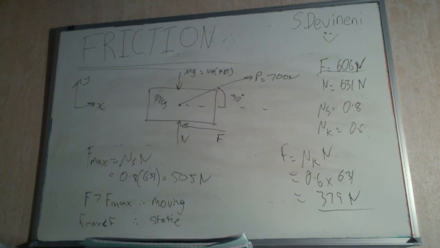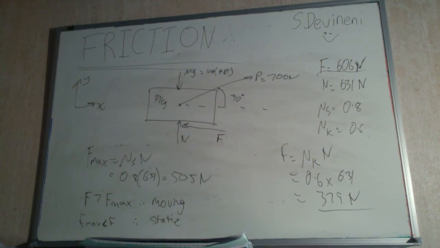So what have we done here? First things first, we've drawn a free body diagram. We've assumed it's static, so we've used equations of equilibrium in statics. In the x and y directions, we found the frictional force and the normal force. We've then found the maximum frictional force between the body and the ground if the body was static, which is 505 newtons.